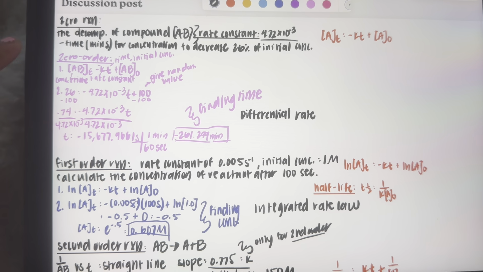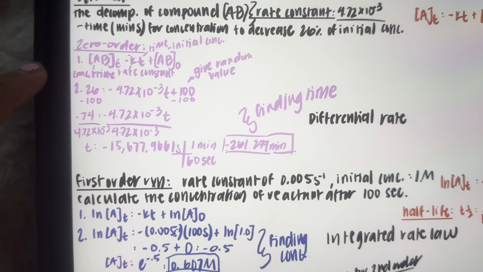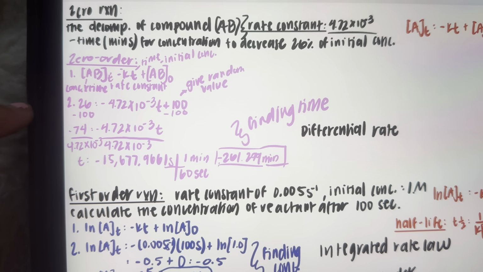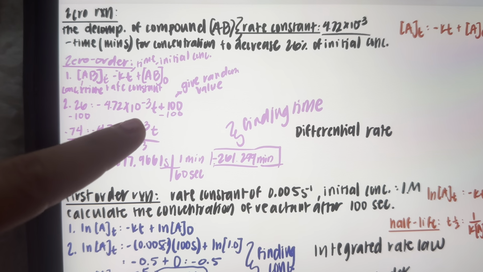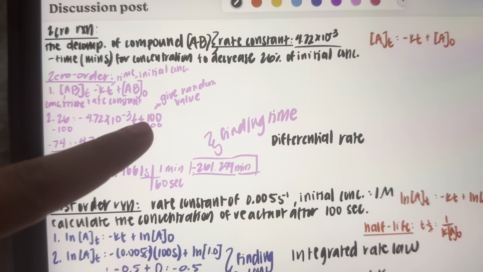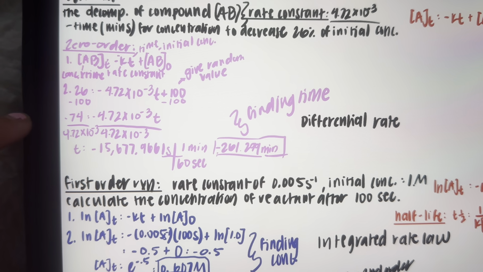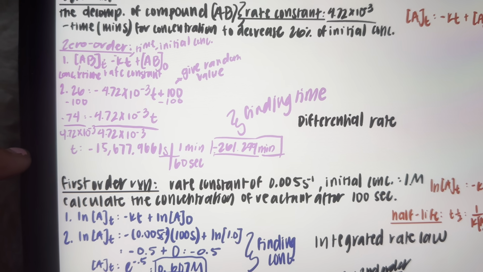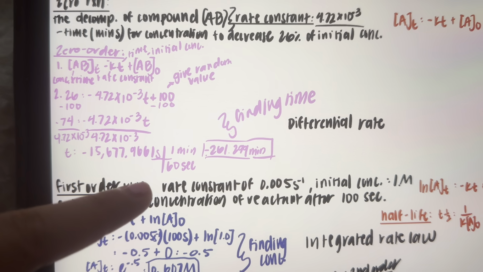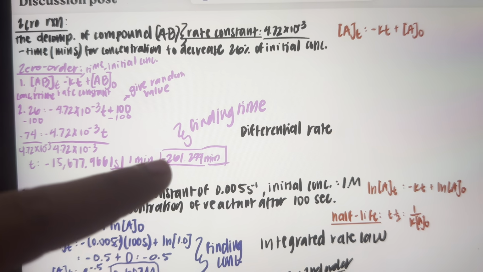We have the equation right here, and we're going to plug in the numbers. 26 is the concentration, times time, and we have the rate constant, and then we have 100. The 100 isn't given to us, but we're just going to plug that in because we're going to have a constant value. Then we solve for t because we're looking for the time, and we get this number, but it's in seconds, so we have to convert that into minutes. That's what we did, and that's how we found it.